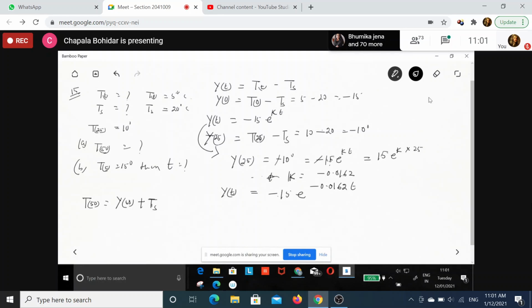Is it clear to all of you or not? This one I have written. So I can take only the T value this side.